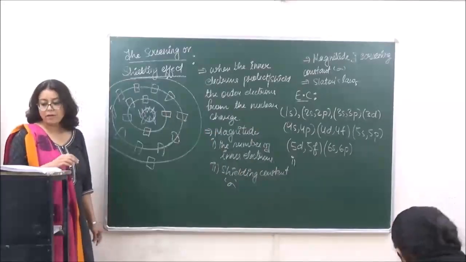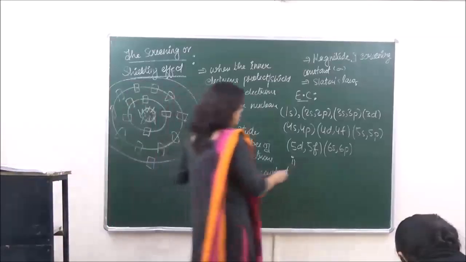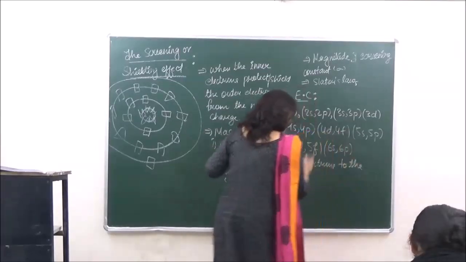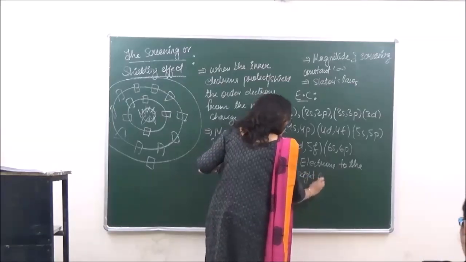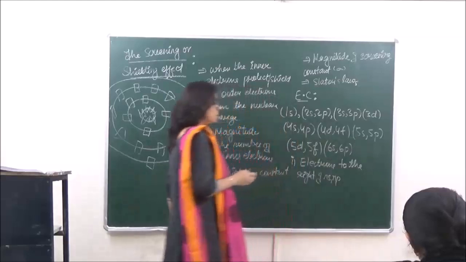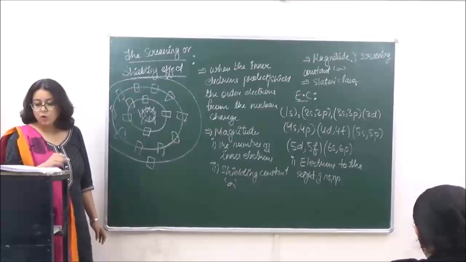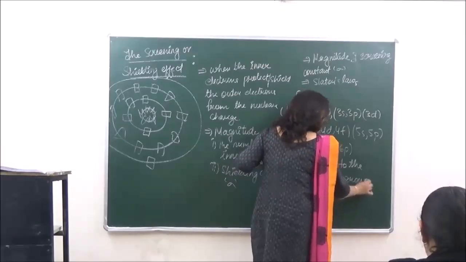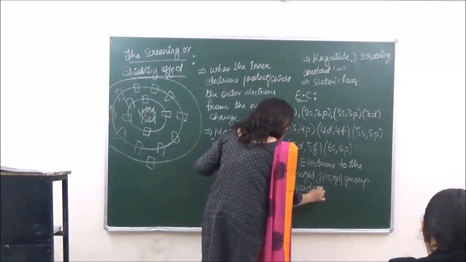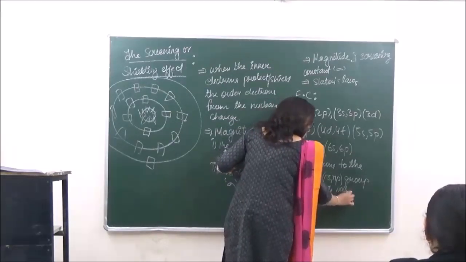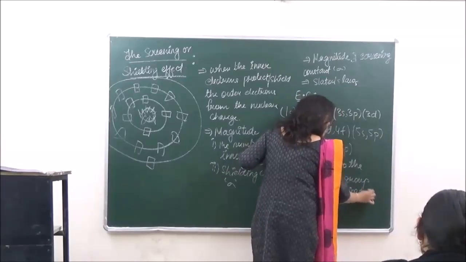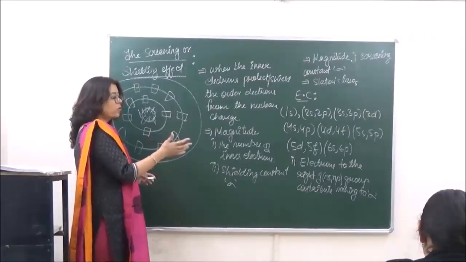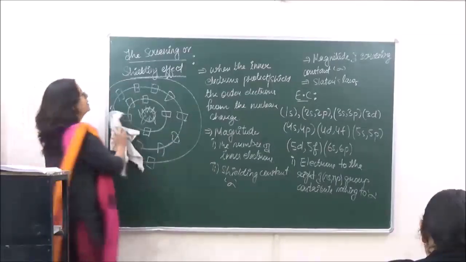The first law: electrons to the right of the ns and np group contribute nothing to sigma, the screening constant. So all the electrons which are to the right of the ns and np group are going to contribute nothing. We will do examples also to make it more clear.